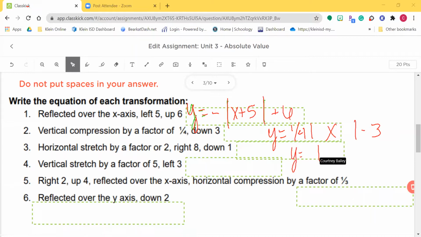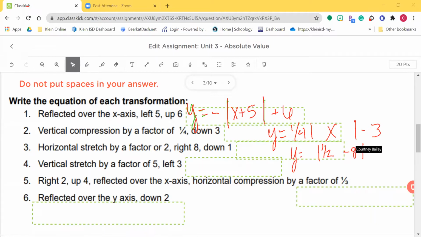Y equals, here's my skeleton. Horizontal, inside, outside? Inside. Is it a 2 or a 1/2? 1/2. Right 8, inside, outside? Inside. Plus or minus?